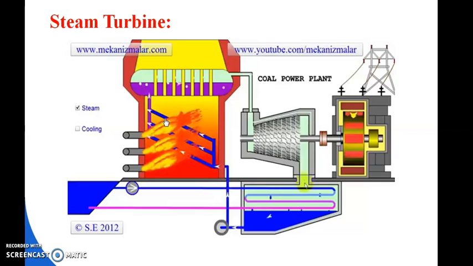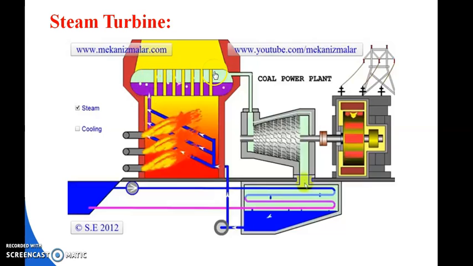In the boiler we are firing the coal. So after firing the coal, the heat is generated and that heat we are utilizing to convert the water into the steam. So this heat strikes the water tube and water is inside these tubes. It flows in this manner.